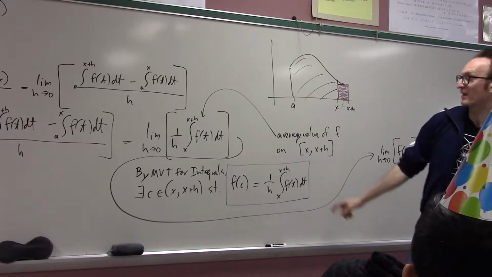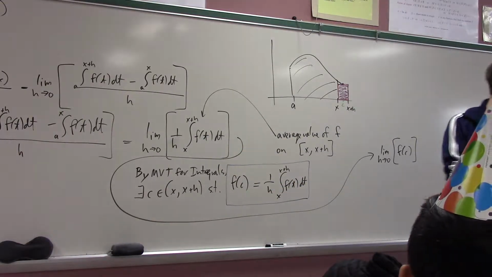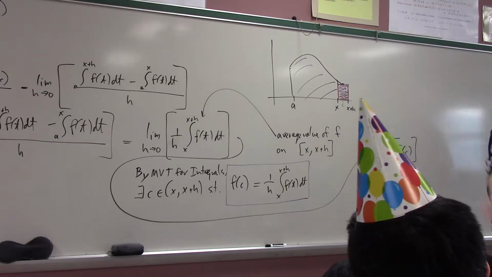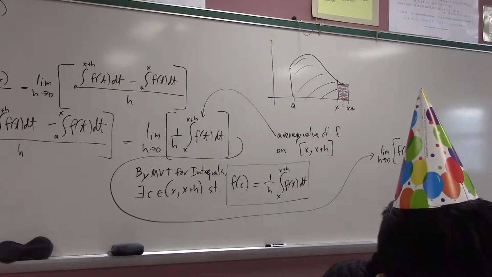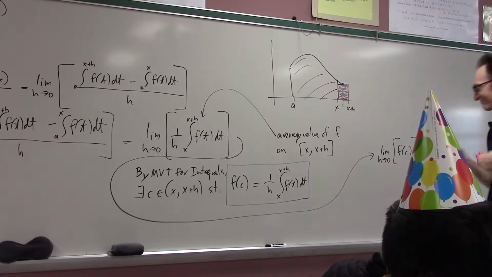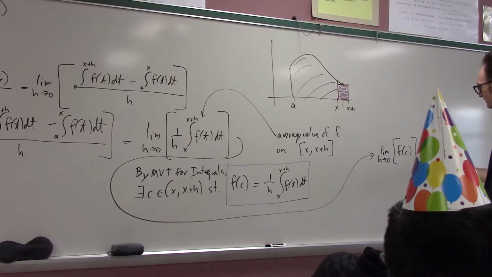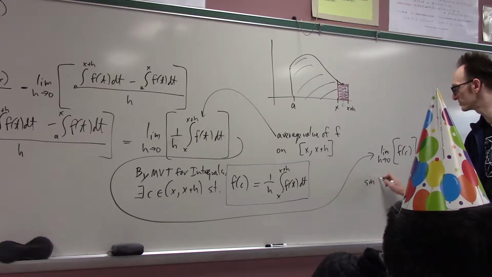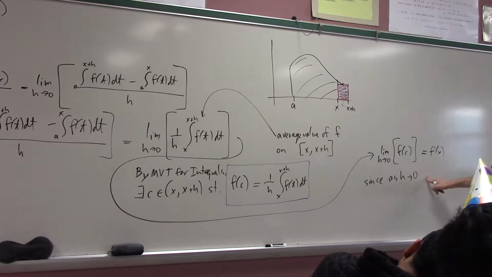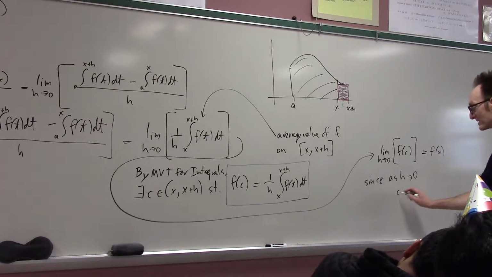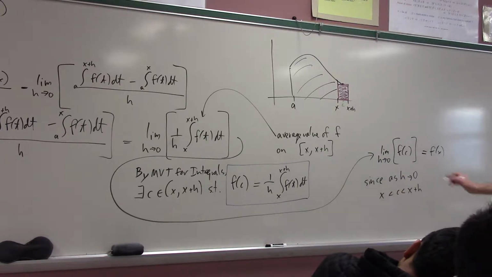And so this thing inside the brackets just is f of c, or rather, there is some c for which the thing inside the brackets is f of c. And now, what is this? It's just the one point. But the thing is, as h goes towards 0, f of c is the only value that's possible. Since, as h goes to 0, c has been defined to be somewhere between x and x plus h.